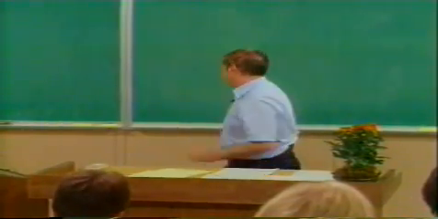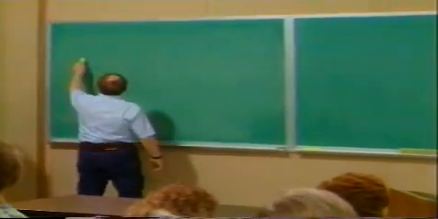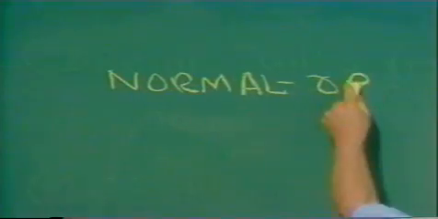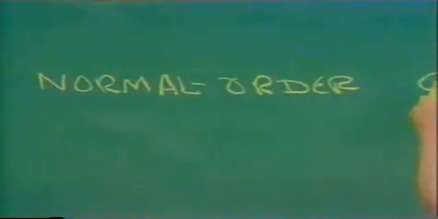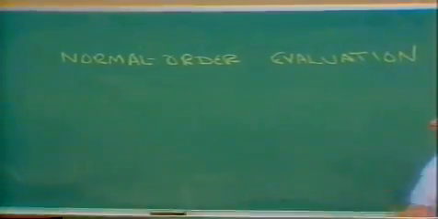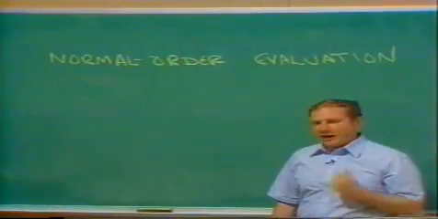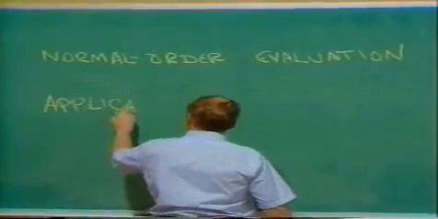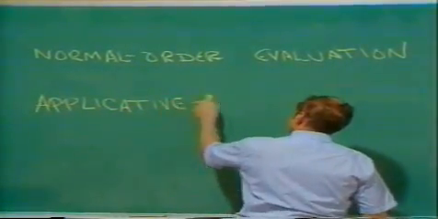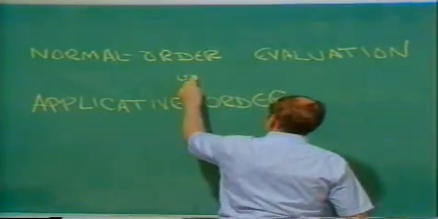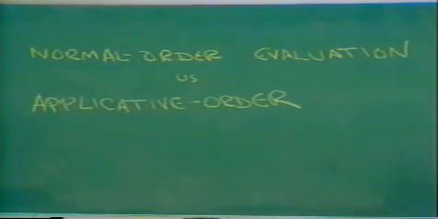Or another way to say that, technically what I'm describing is what's called normal order evaluation language, versus what we've actually been working with, which is called applicative order evaluation.